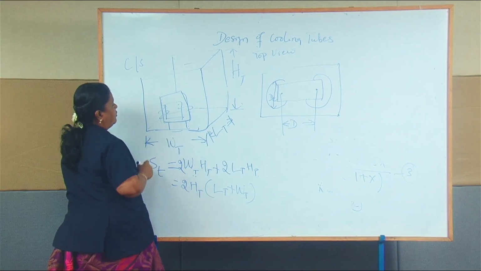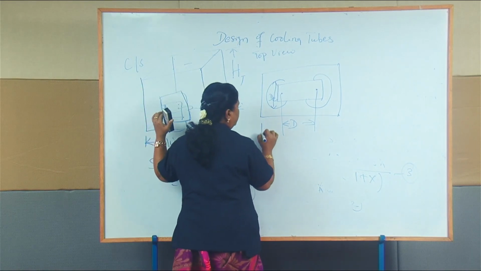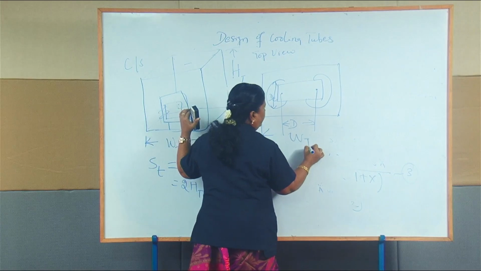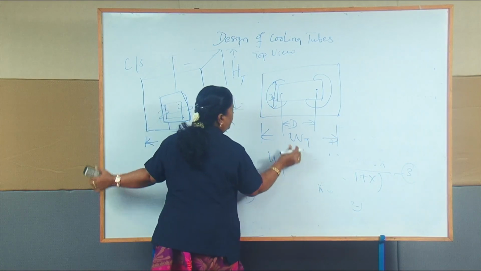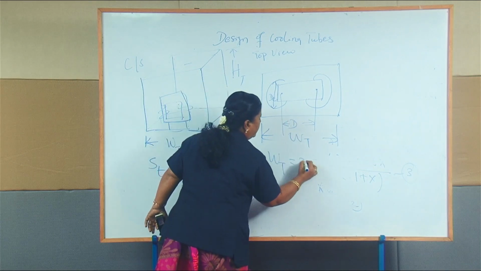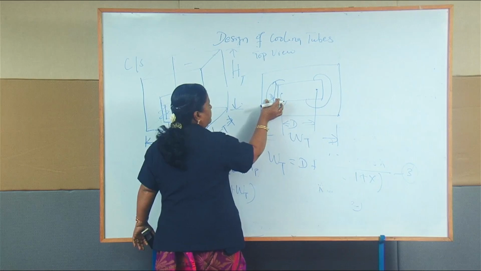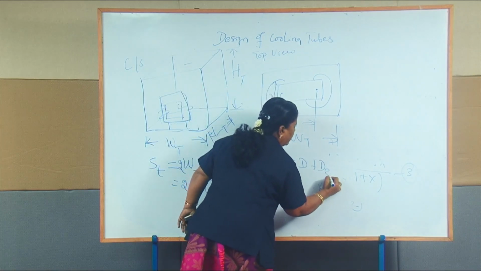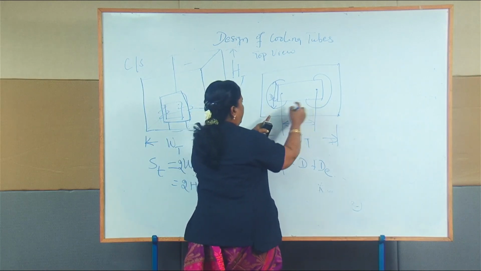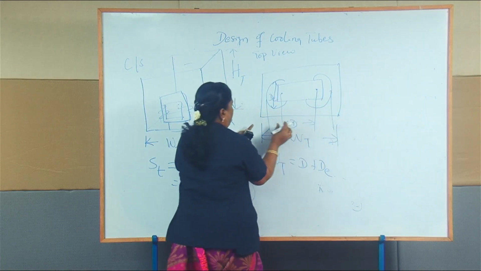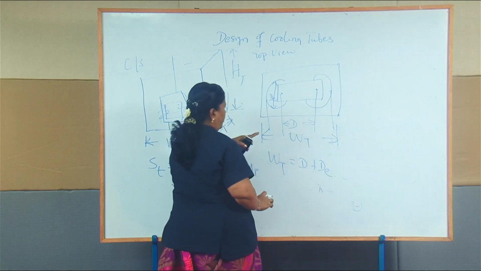This is the width of the transformer, am I right? You have to add D, then half De plus half De, so it is De.